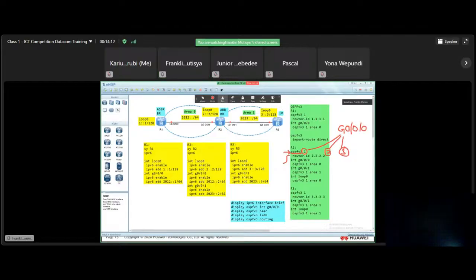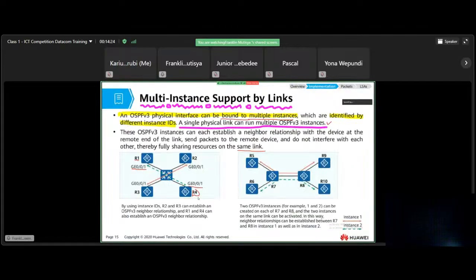So the 3 OSPF instances can be bound to the same physical interface. That's what we are referring to in this concept. We separate the instances with instance IDs. So two OSPF version 3 instances, for example 1 and 2, can be created on each of router 7 and 8, and the 2 instances of the same link can be activated.